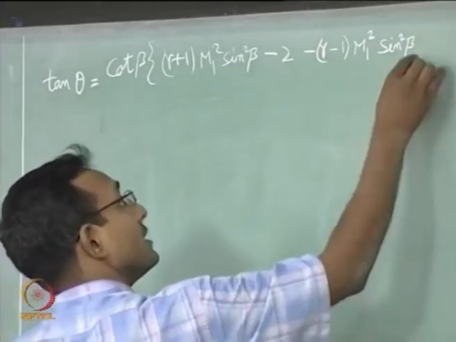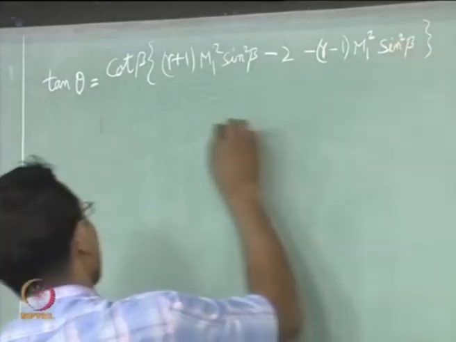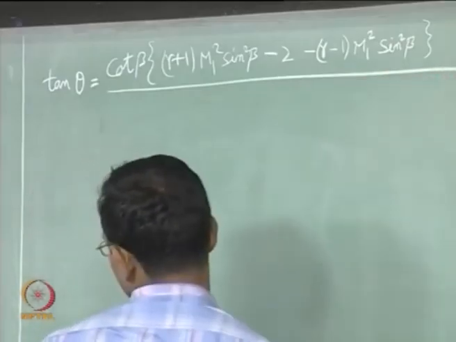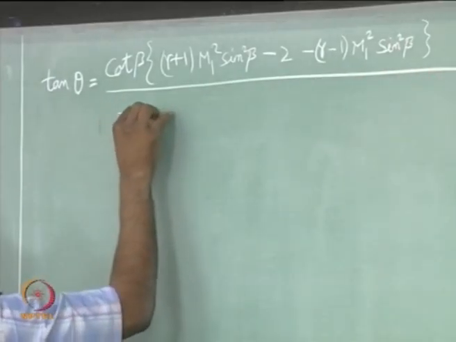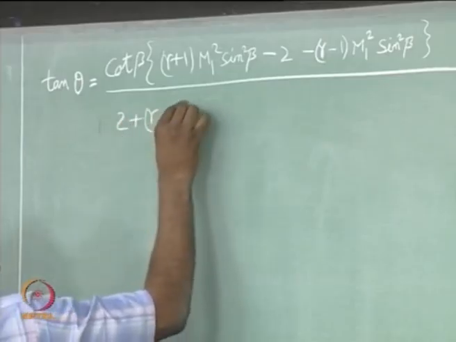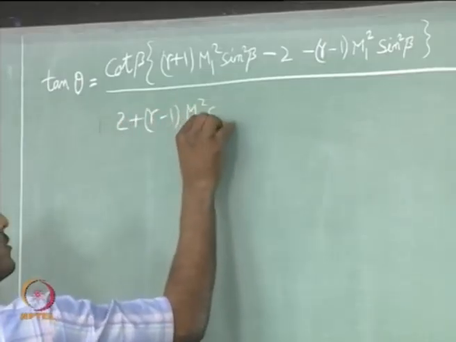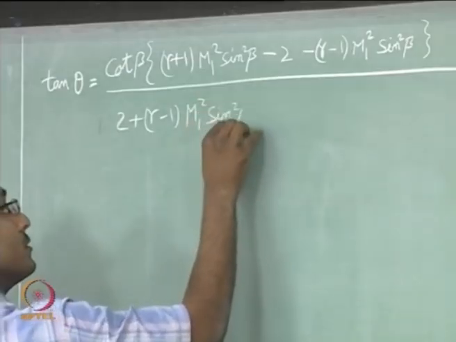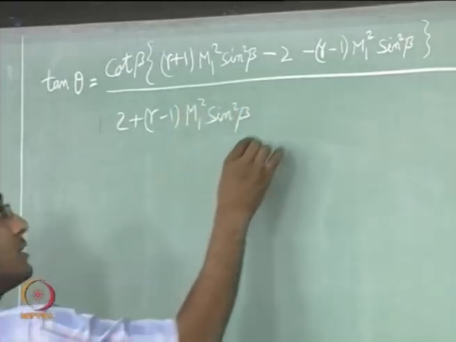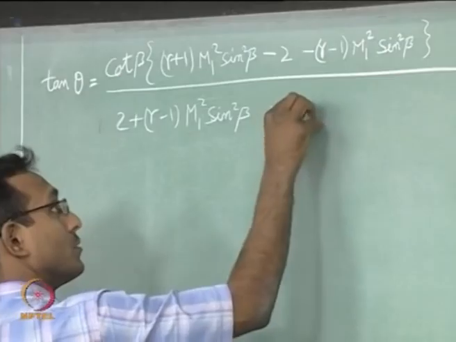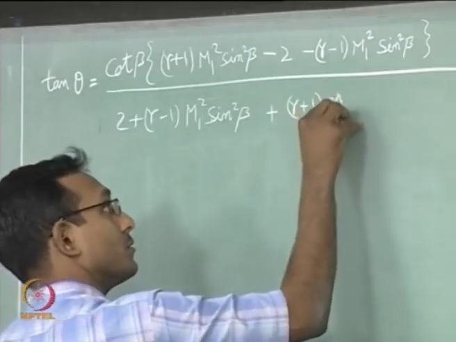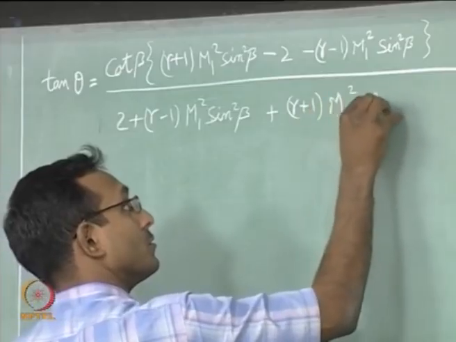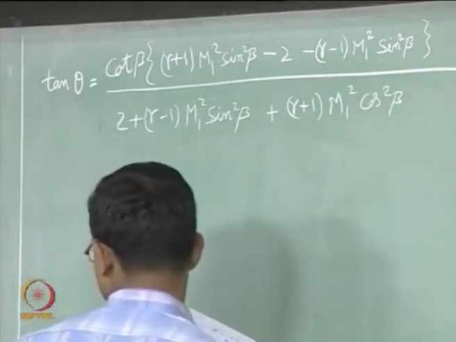I have written the square bracket more open, divided by, the bottom will be 2 plus gamma minus 1 M1 square sin square beta plus gamma plus 1 M1 square cos square beta.